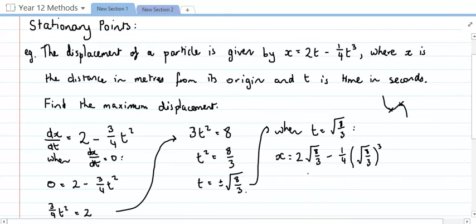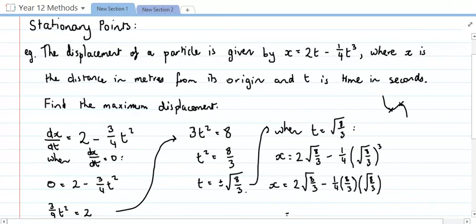We could make it look a little bit nicer. I'll still leave that part as 2 root 8/3. Then we're going to have minus, now we've got the quarter at the front still. I can square this here pretty easily, so it's going to leave 8/3. And then I've still got one more of these left to be multiplied, so that's still going to be the square root of 8/3.